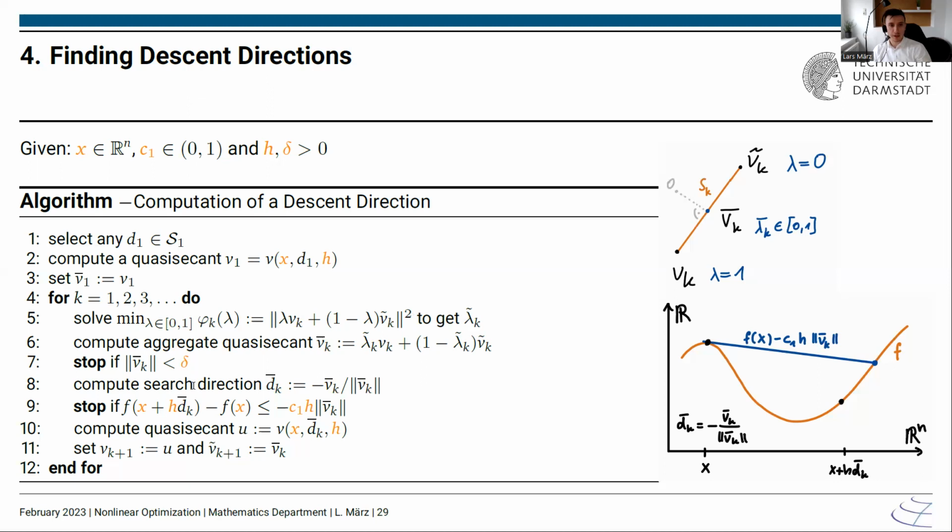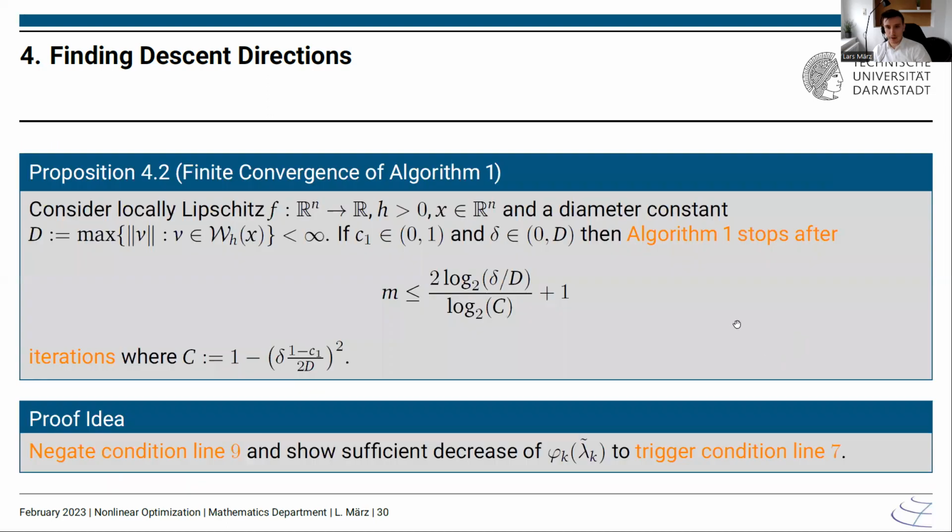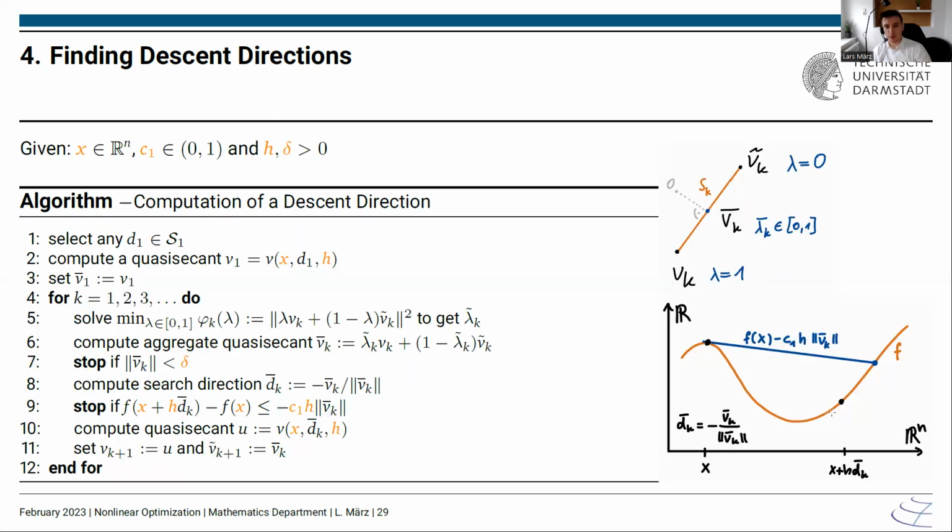and we stop if this direction yields a sufficient decrease, meaning the amount we reduce the objective must be larger than this linear term. So starting from the point x, we have a line going downwards, and we have to find a point which has an objective that is lower than the one of this line.